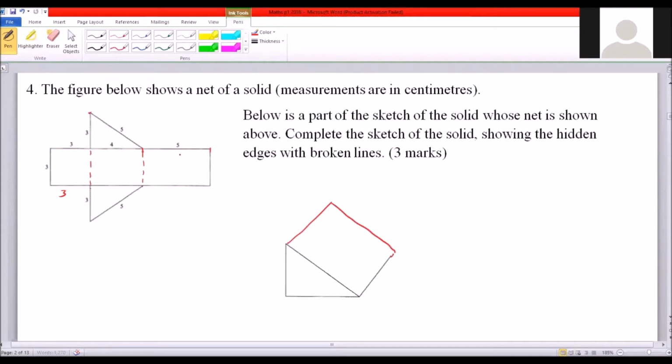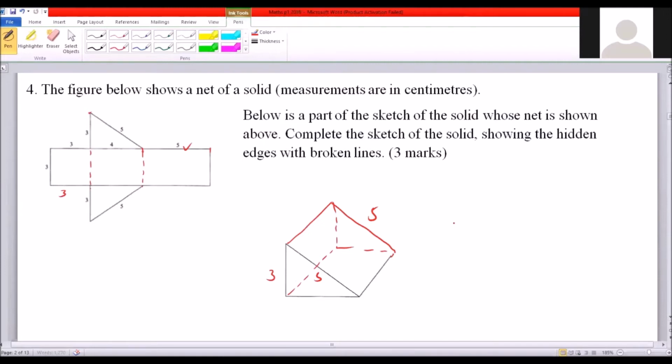So this is our side here, which is 5 centimeter. This is 5, and then this is the one that is 3 sides. So this is a triangular side, and you should be able to show the hidden lines with a broken line.